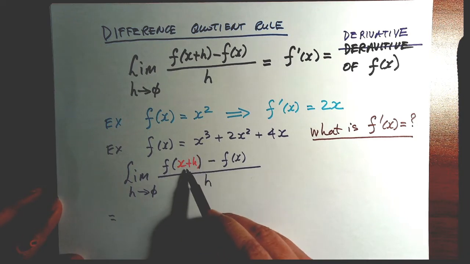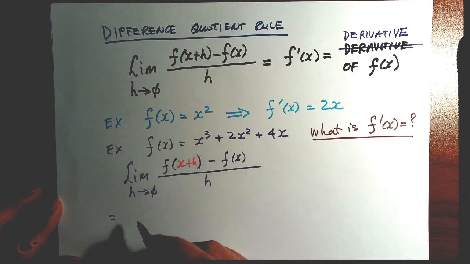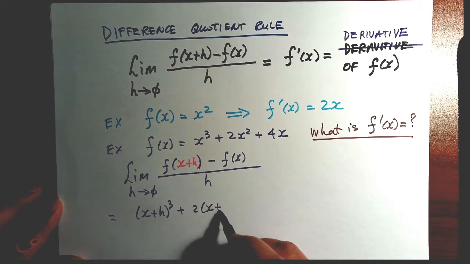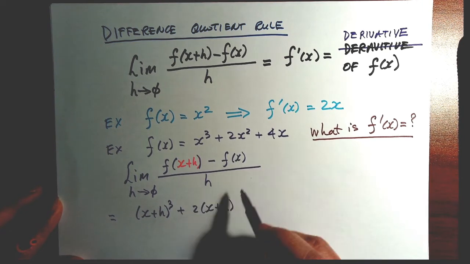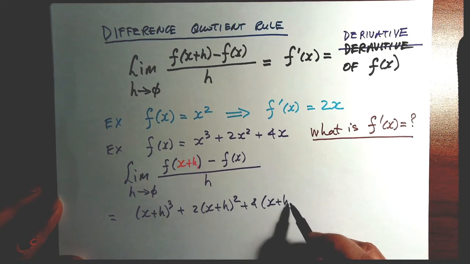So we have f of x plus h plugged in here: x plus h cubed plus 2 times x plus h squared plus 4 times x plus h.